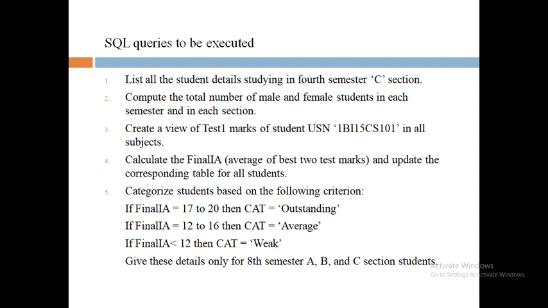We have to get only test 1 marks of the student, and we have to create a view for that, not just show them. We have to create a separate view which will give you the details of test 1 marks of student so and so.